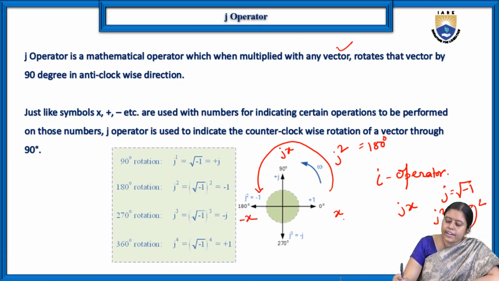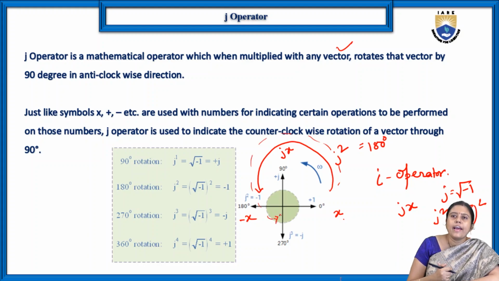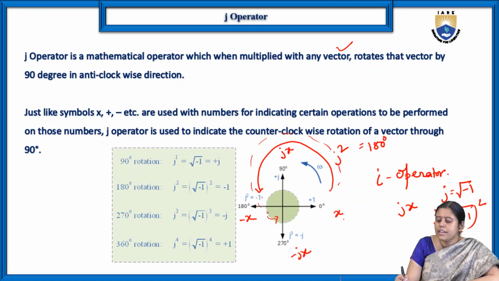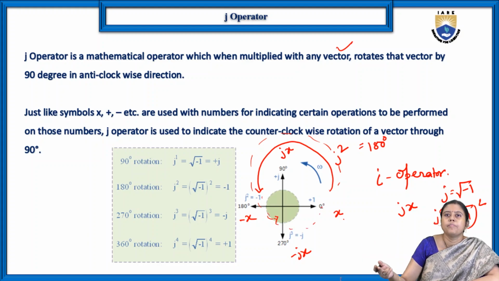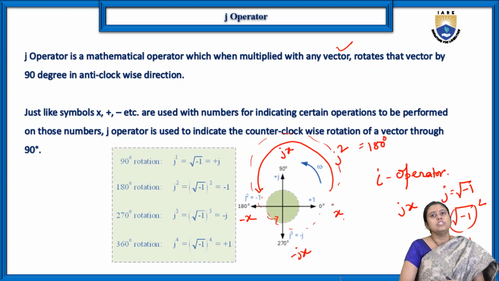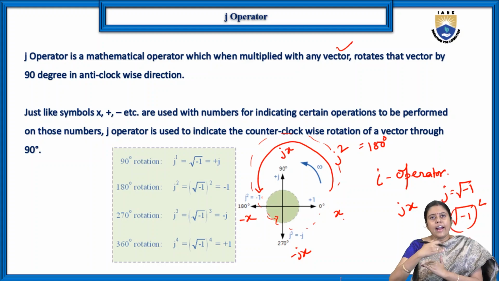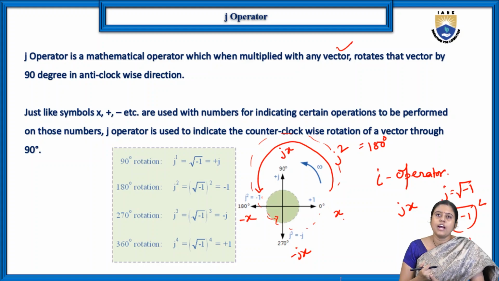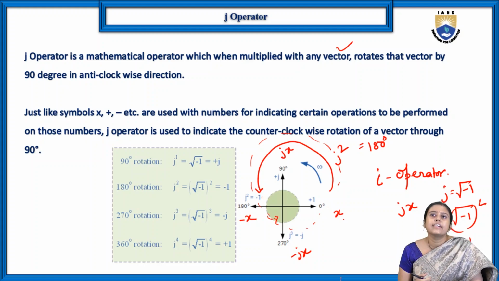If we rotate by 270 degrees, it is minus j, that is j cube. So if it is plus jx, it becomes minus jx. 360 degrees means j to the power 4, which is plus 1, the same as the original. So j means we are moving anti-clockwise by 90 degrees.